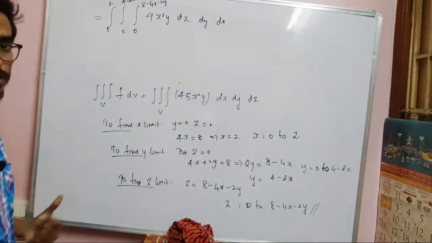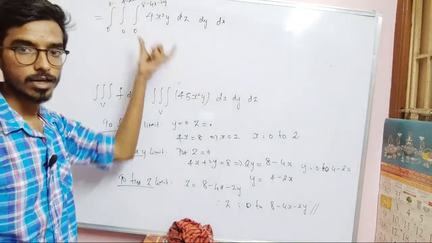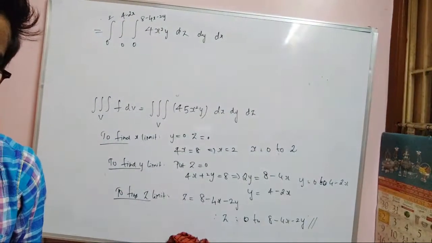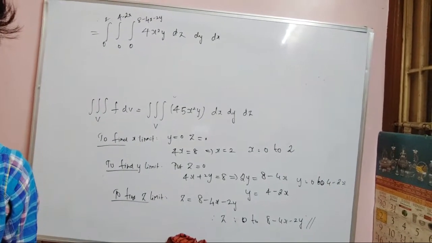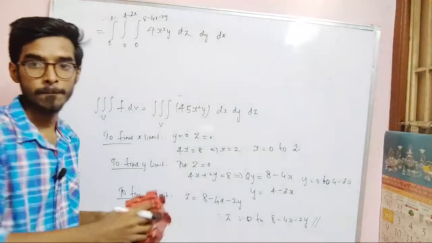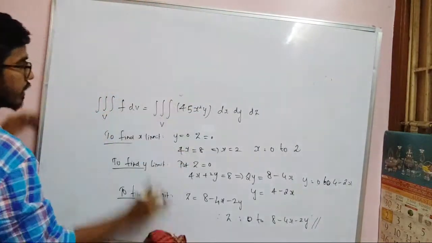Actually, in the book, after this step they will directly write this step. It is visible, right? I think it is not visible if I write there, so I will write here.